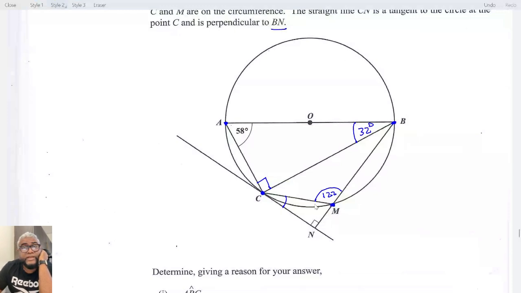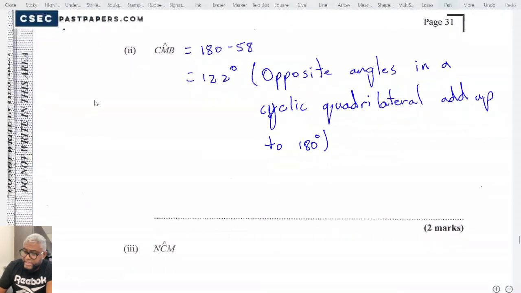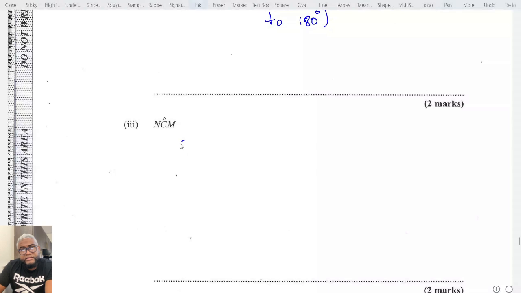So if we have 122, we could find CMN. CMN would be equal to 180 minus 122, so that'll be 58 degrees.